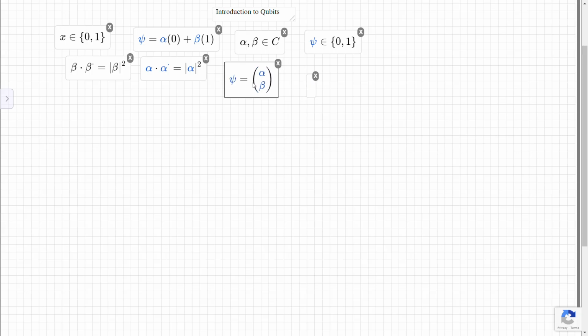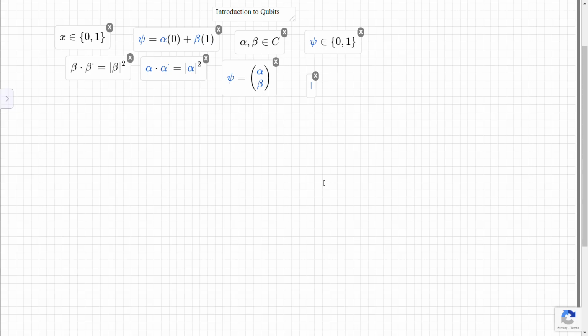This is a much better way to represent it than this, because it will vectorize the calculation. One of the reasons why we represent it like this is because these quantum states are very synonymous to physical vectors, so that's the reason why we represent it in the form of vectors, like in the form of a column.